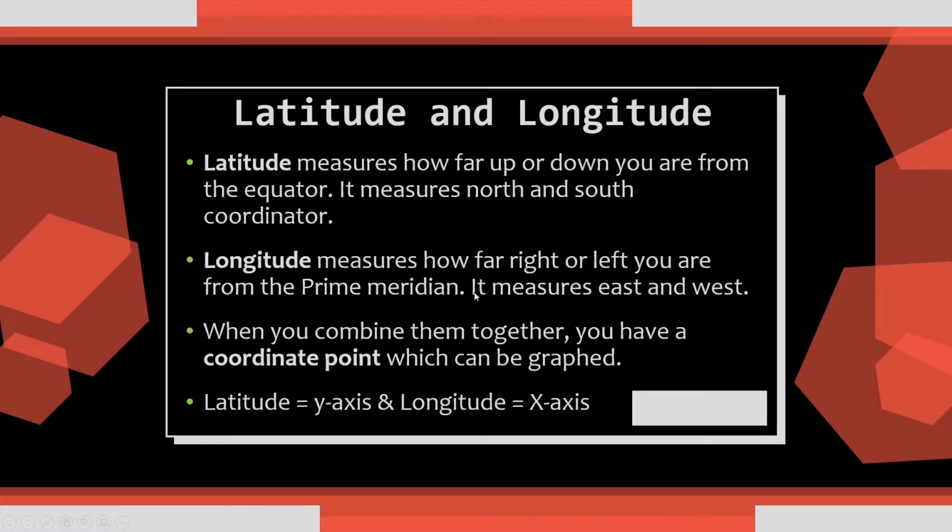When you combine latitude and longitude together, you have a single coordinate point, and this single coordinate point can be graphed to identify a specific location. And in Tableau, latitude is the y-axis and longitude is the x-axis.